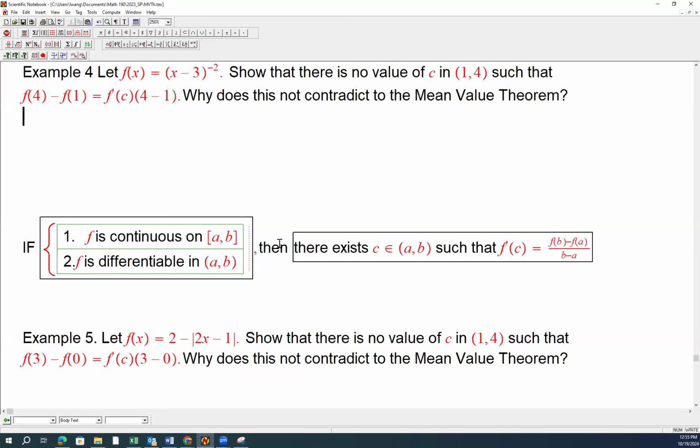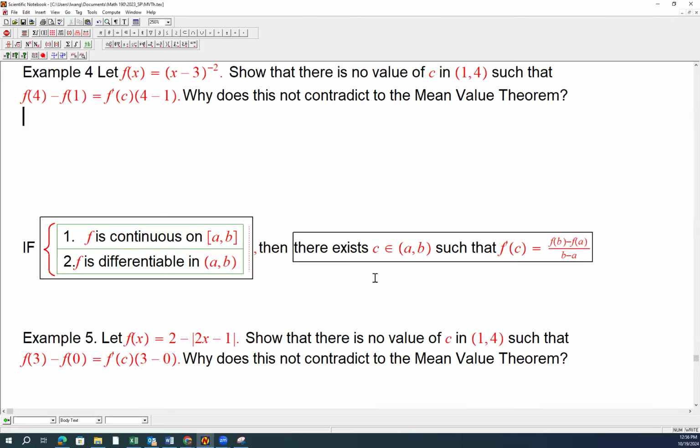All right, so it says there's no value of c, right? They want us to show there's no value of c such that f of 4 minus f of 1. We're going to first show that, and then we're going to check the condition. If one of the conditions is not satisfied, there's no guarantee such a c would exist.